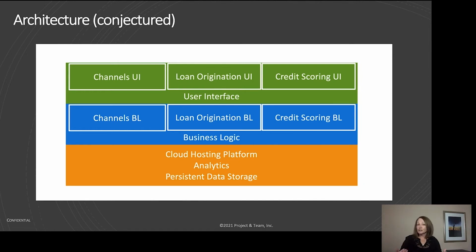Now, I conjectured an architecture for those three applications that we just looked at. I wanted it to be simple enough to support our concepts here.